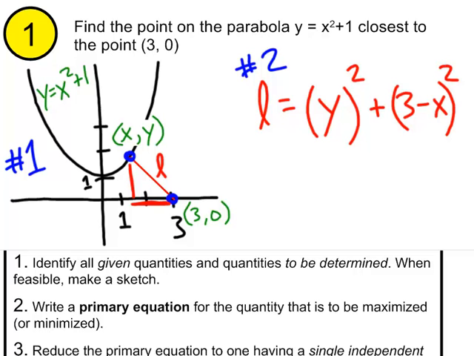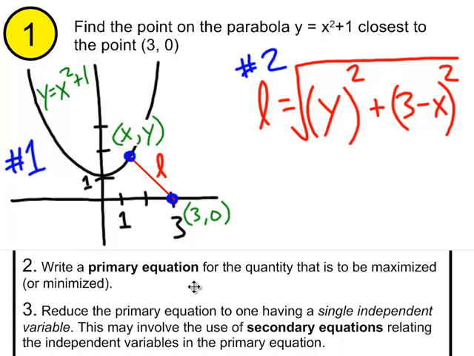And I could square the left side. But since the length is what I want all by itself, it's the thing I want to maximize or minimize, I'm not going to square the left side. I'm going to square root the right side instead. So again, that's just an application of our distance formula or Pythagorean theorem. Okay, of course, pause if you need to take a moment to make sure that all makes sense to you.